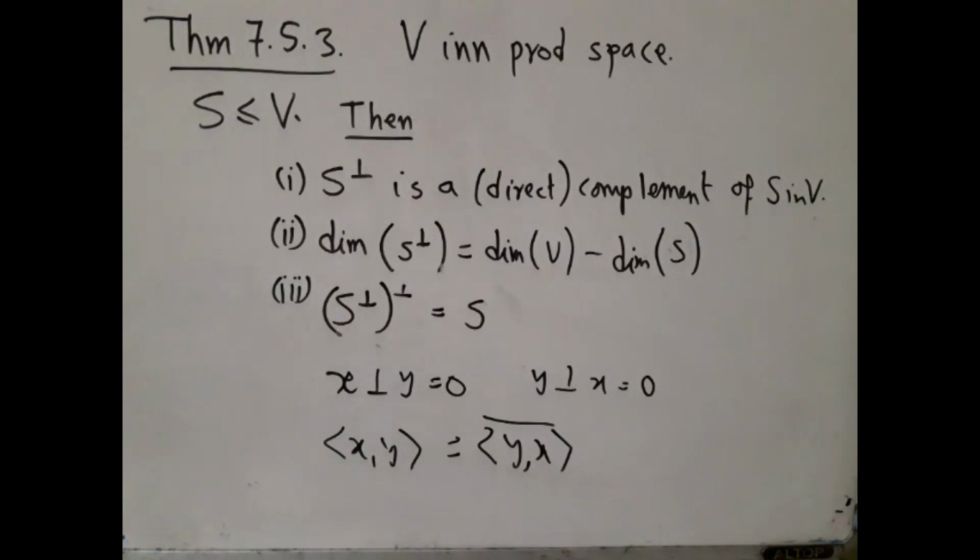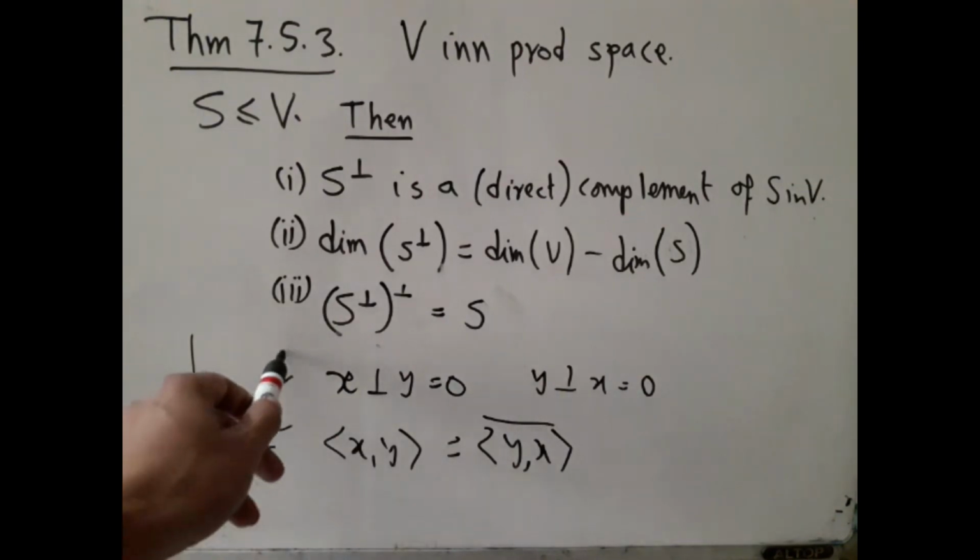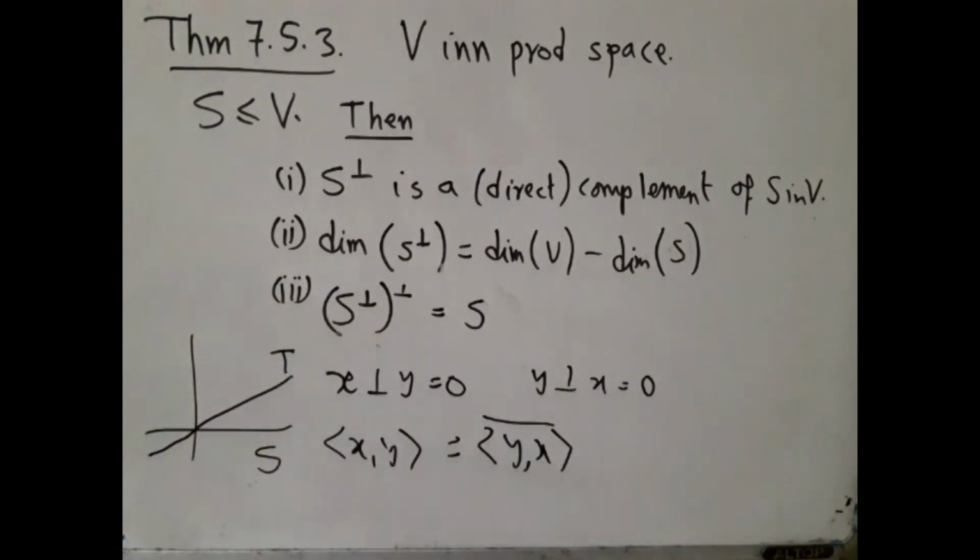Now, just a point that this result does not hold for any arbitrary direct complement. Here is a little counterexample. Suppose I work with R2 and my S is the x-axis. I take any direct complement, and I have already told you this line will be one direct complement. I want to take a direct complement of T. Well, I just take any other line. I can take this line, U, and that will be another direct complement.